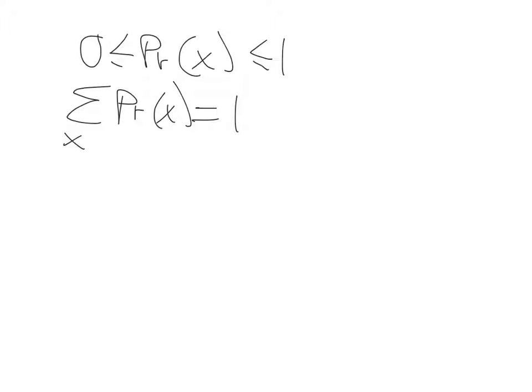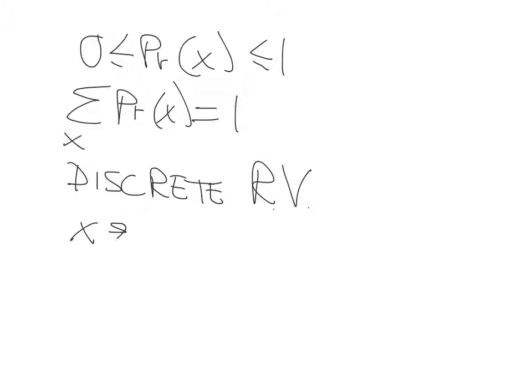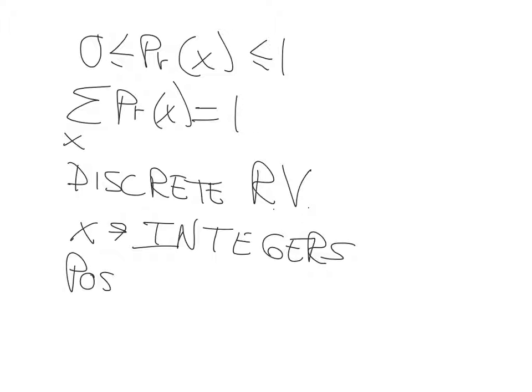Now, what we have just done, we have used what are called discrete random variables. I'm going to abbreviate random variables as RV. How did I know they were discrete? Because the x values were all integers. Now notice on these, the x's can be both positive or 0 or negative.